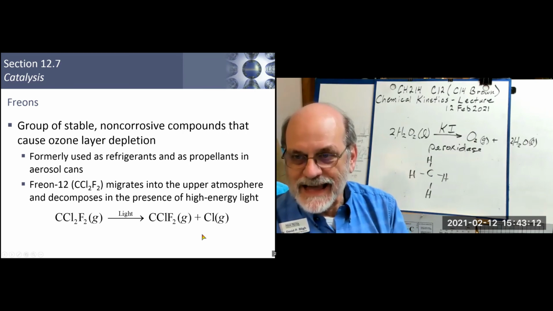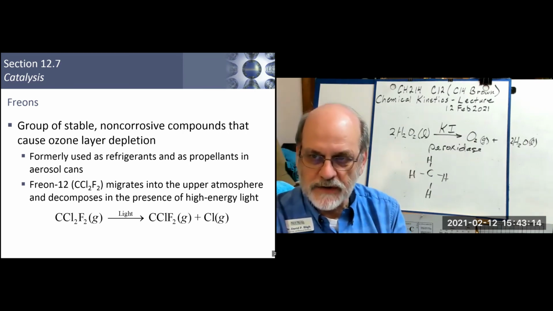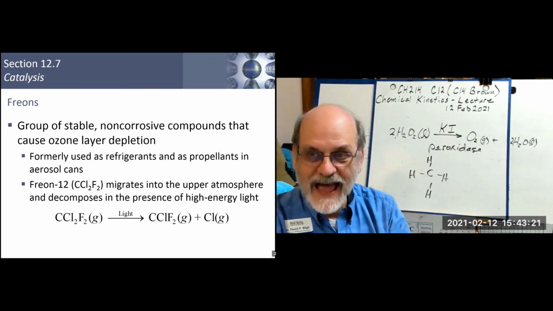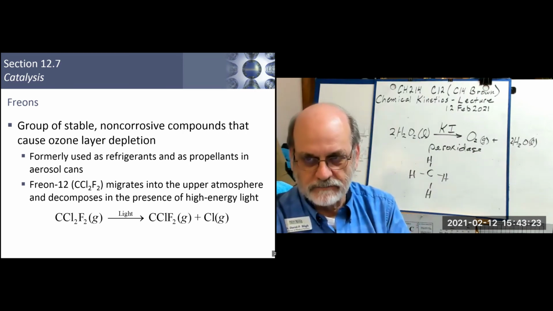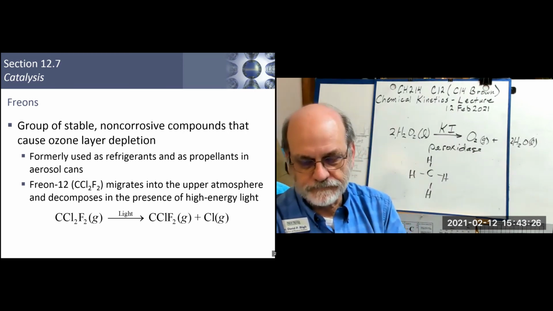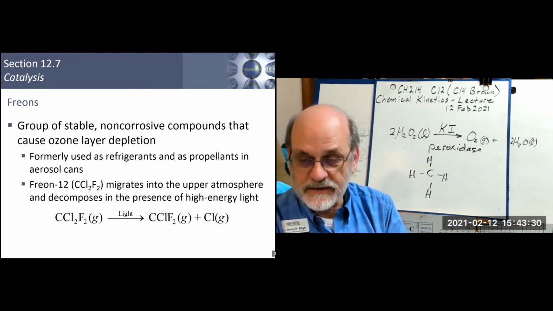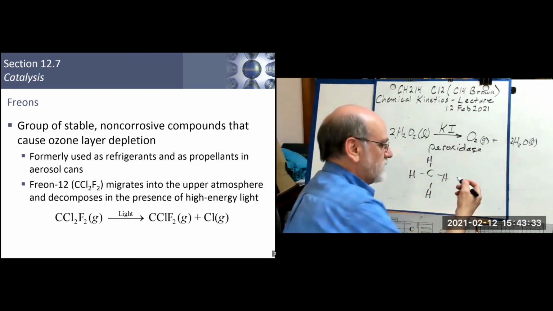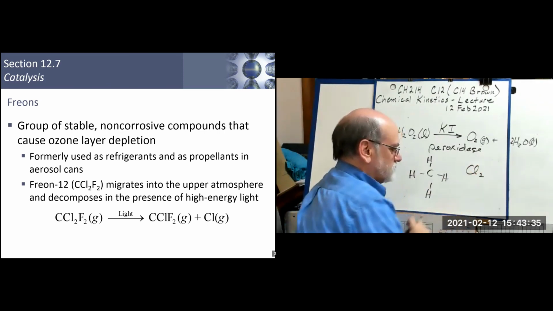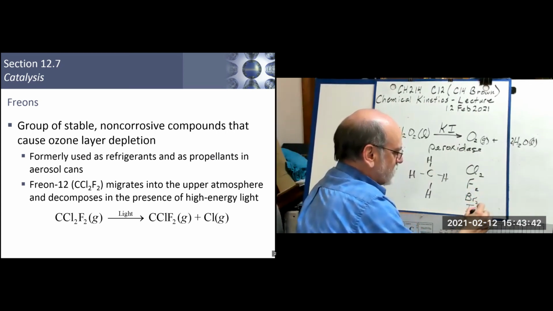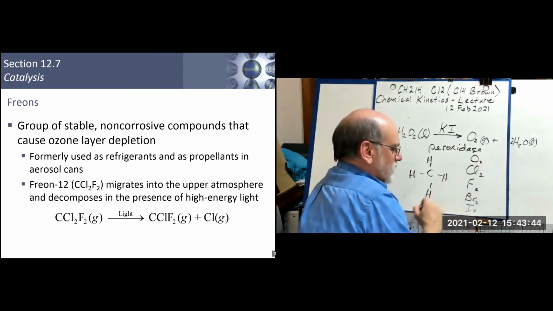A free radical is any atom or molecule that has an unpaired electron. What that means is the unpaired electron is more reactive than paired electrons. That's why chlorine typically occurs as the diatomic, right? Fluorine is diatomic. Bromine is diatomic. Iodine is diatomic. Oxygen is diatomic.